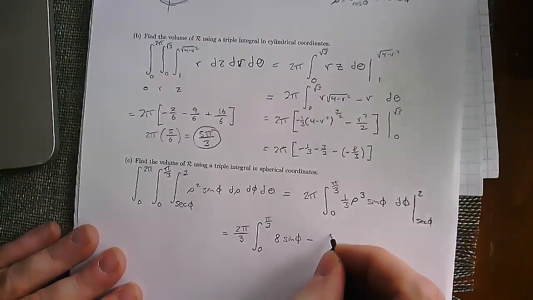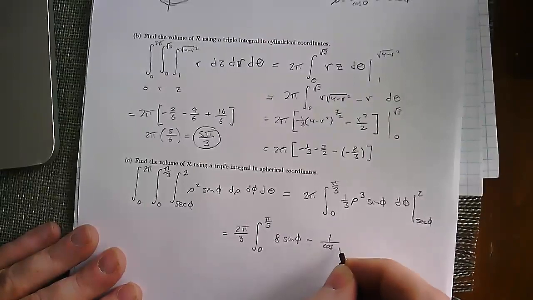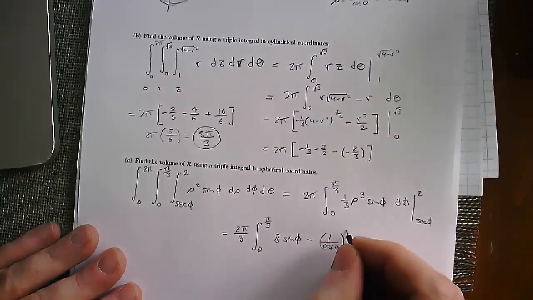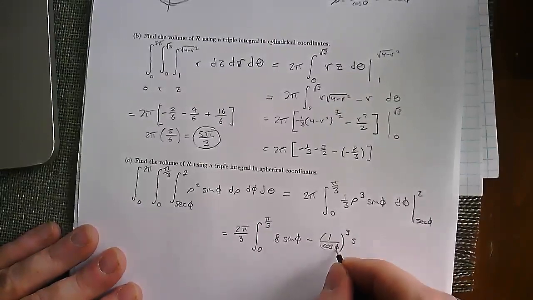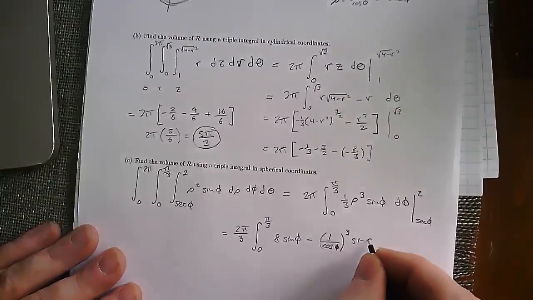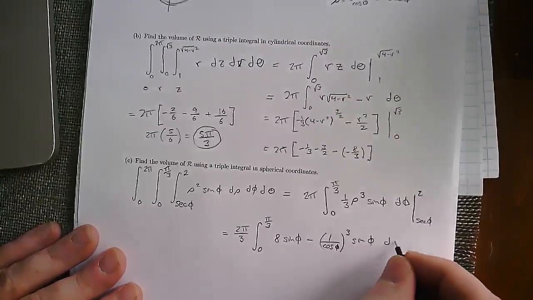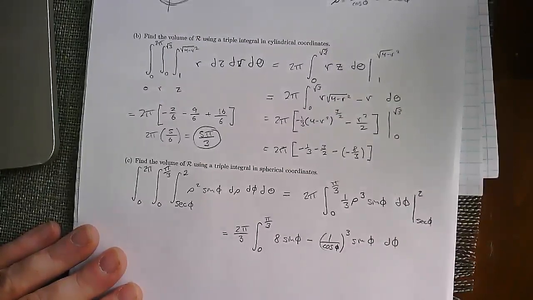So that's 1. I'm going to write it in terms of cosine here. So 1 over cosine cubed phi times sine phi. Okay, hopefully I got that right there.